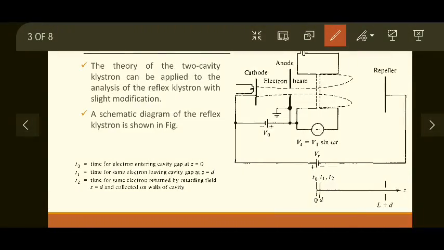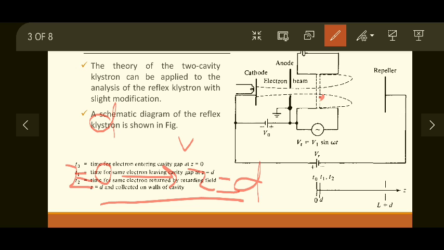At t is equal to t1, that means at distance d, there will be a velocity. The electron bunch will have traveled from z is equal to 0 to z is equal to d. The distance traveled is d, and with respect to time it will give velocity.